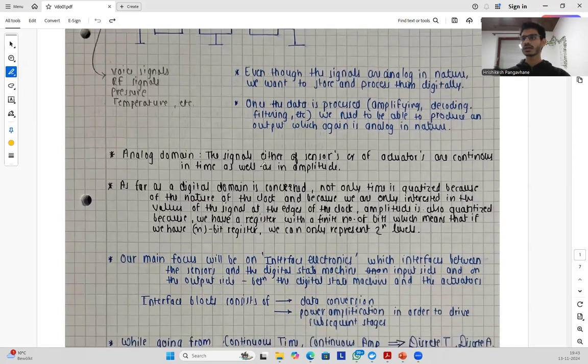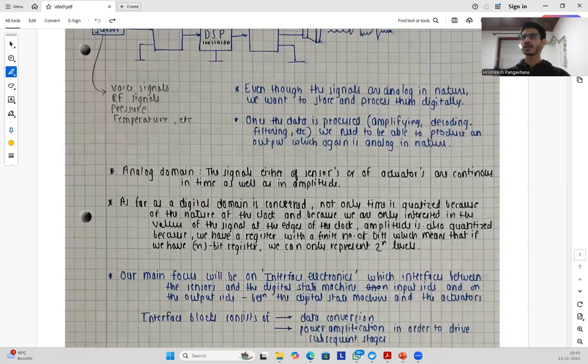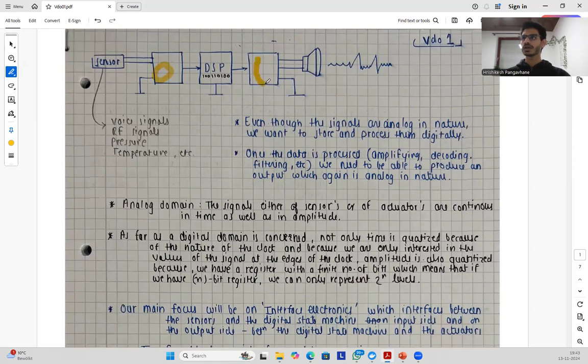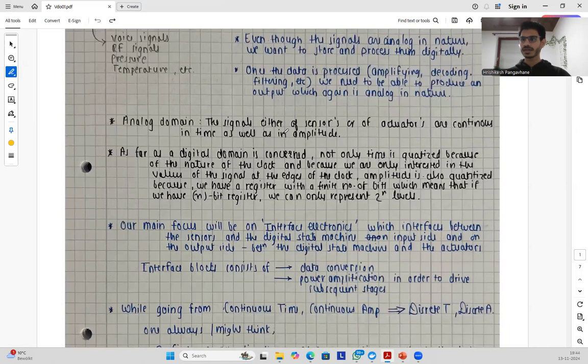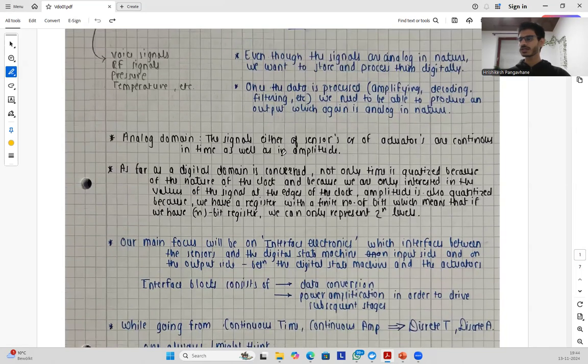It's just an introduction. Our main focus will be on interface electronics, which lies over here, and which interfaces between the sensors and the digital state machine on the input side, and on the output side, between the digital state machine and the actuators. So it is from analog to digital and from digital again to analog. The interface block consists firstly of data conversion, as we are converting from analog to digital.